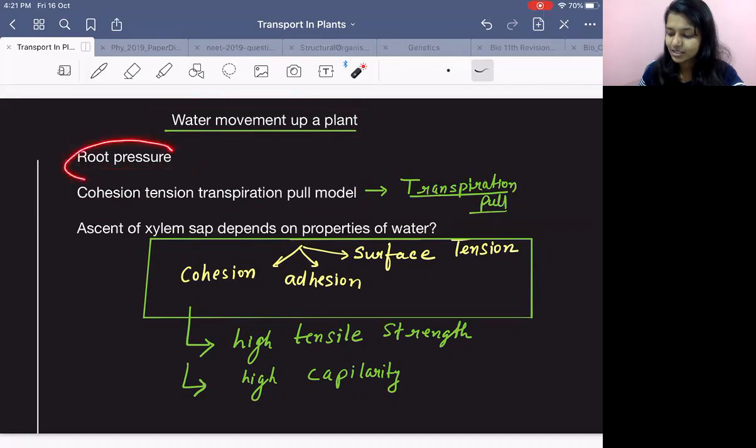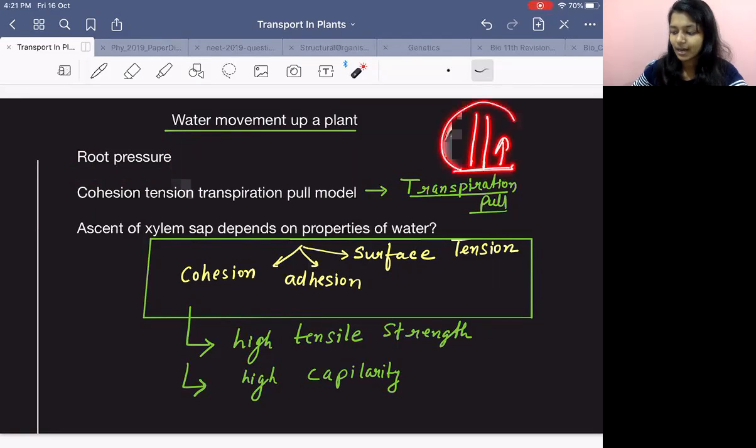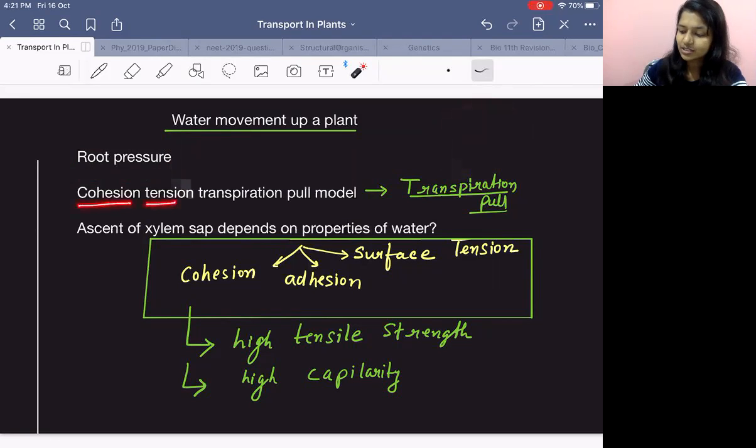What is root pressure? It is that pressure which is built in the root, which can push the water for a smaller height against gravity. Remember? For a smaller distance, it can take the water up, right? Cohesion, tension, transpiration, pull model. It was given by Dixon. Who gave this?